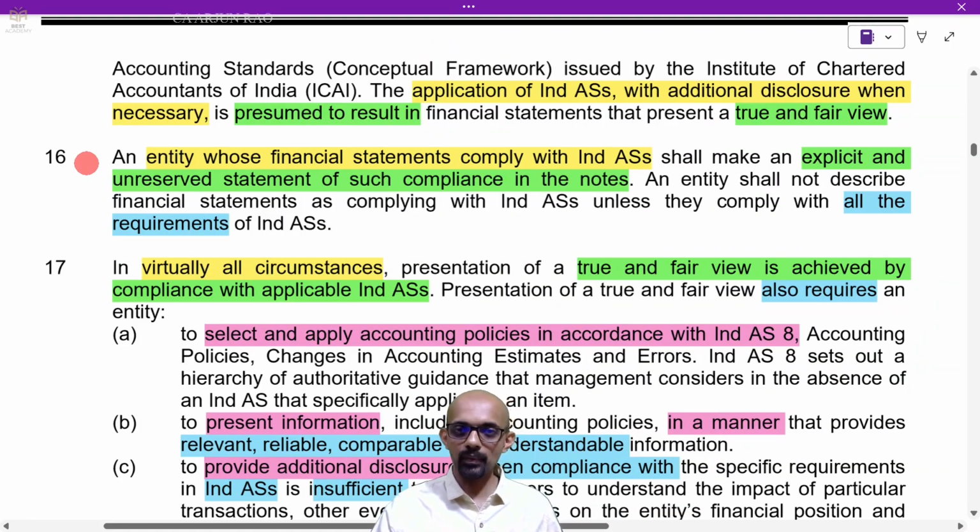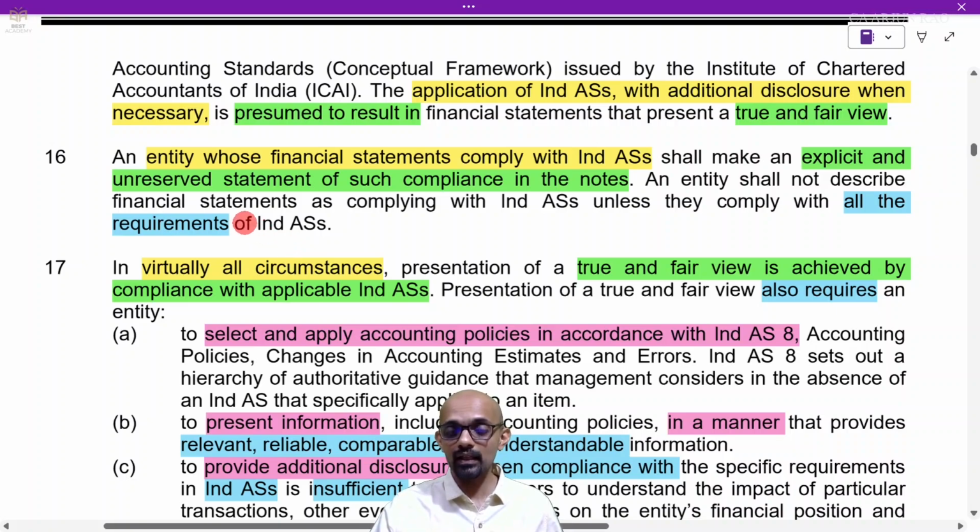So once you comply with Ind AS, you are required to make an explicit and unreserved statement of compliance. That means you have to say that you are complying with Ind AS. So this statement should be made only if you are complying with all the requirements of the applicable Ind AS.